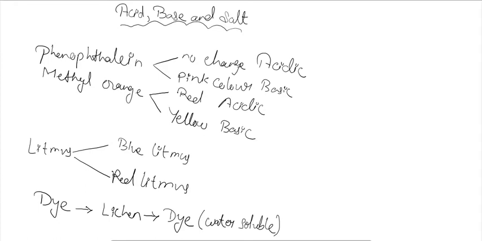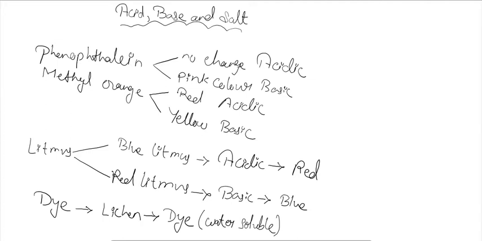Blue litmus is used for determining acidic substances, and it converts blue litmus into red color, while red litmus is used to identify basic substances, and it converts red litmus paper to blue or purplish in color.